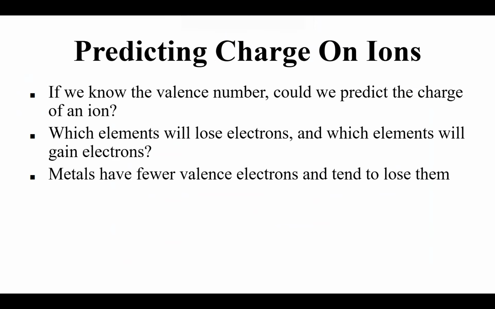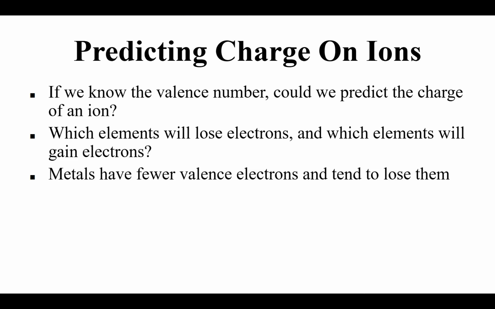Because metals have fewer valence electrons, it takes more energy to gain all the other electrons that they need to reach 8 than it would be to lose the 1 or 2 or 3 electrons that they have. Electrons take the path of least resistance. They're lazy.